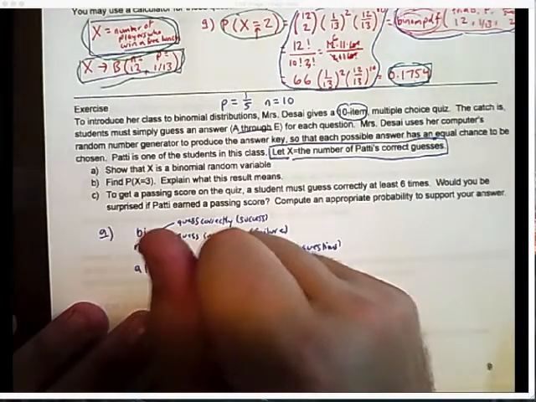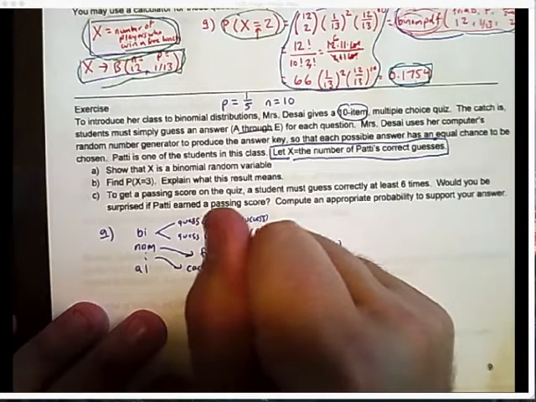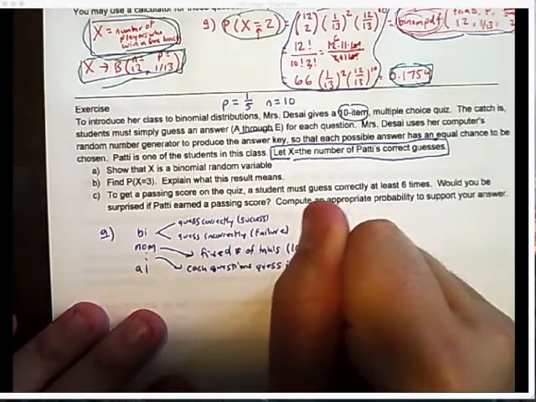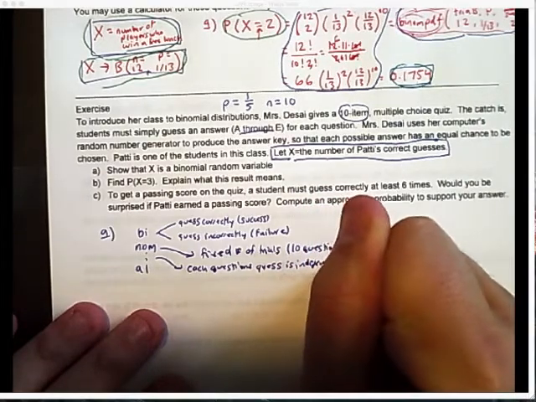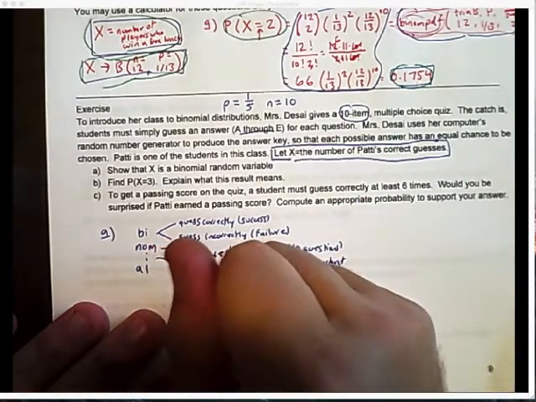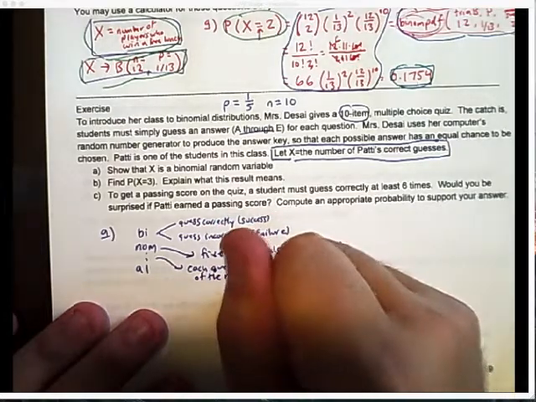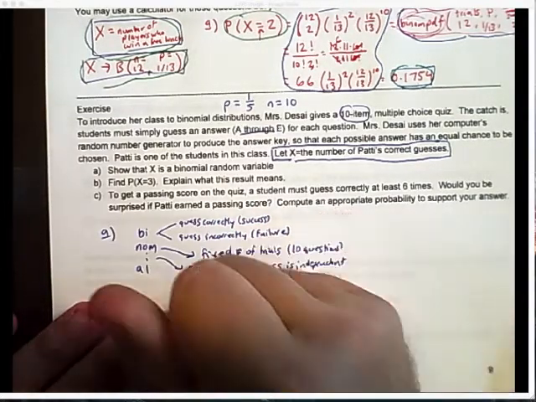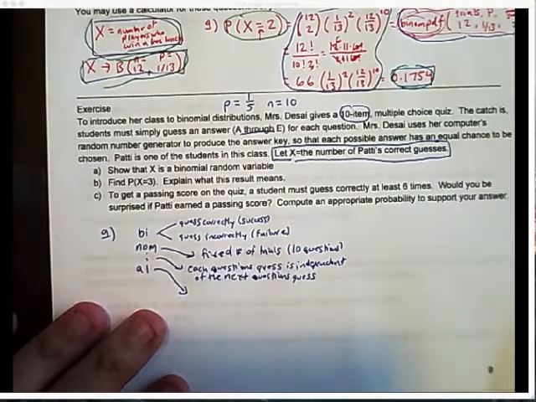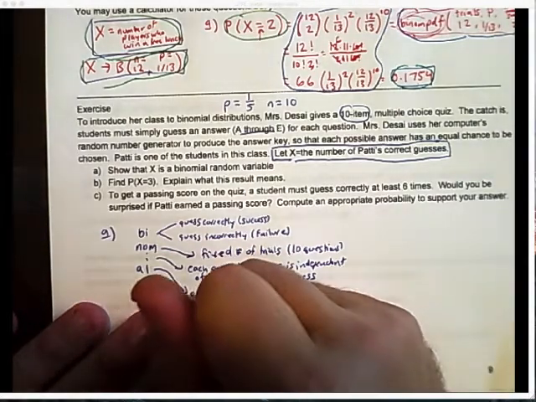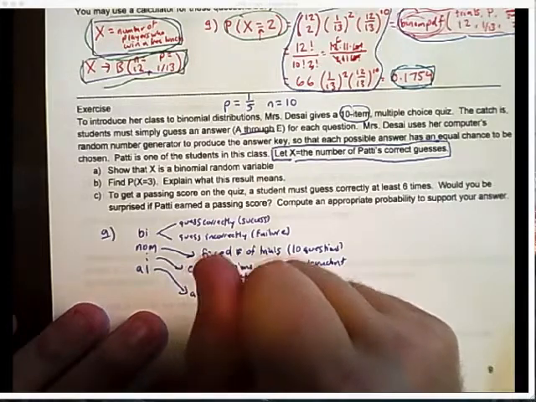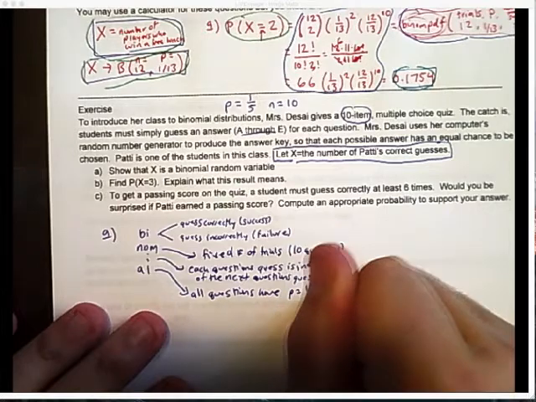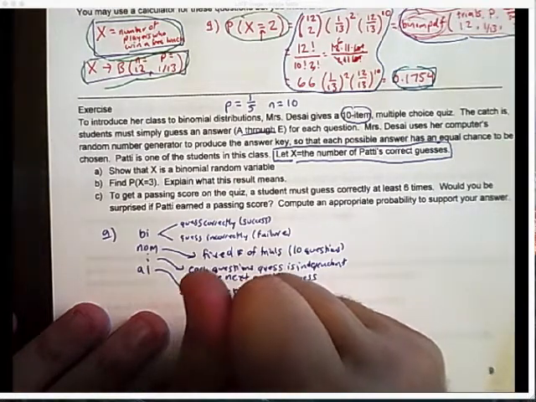Each question's guess is independent of the next question's guess. And all questions have probability 1/5 of being guessed correctly.